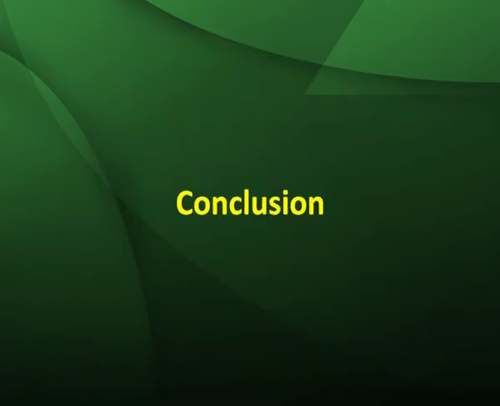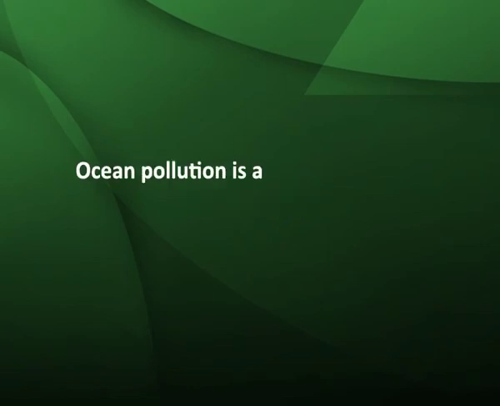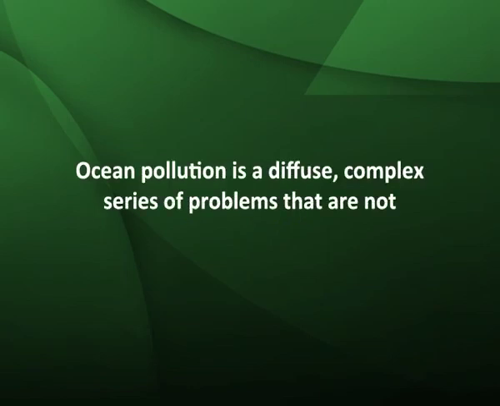In conclusion, we can say that ocean pollution is a diffuse, complex series of problems that are not easily addressed. Nevertheless, some pollution problems can and have been successfully addressed. Because of the value of science in dealing with pollution, there is a need to devote resources to research, improved monitoring, and the continued development of pollution source reduction strategies and technologies.